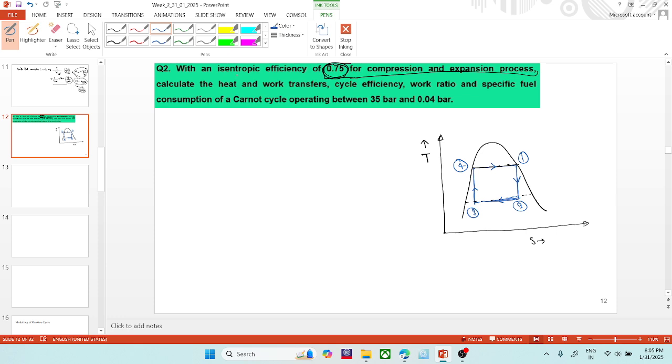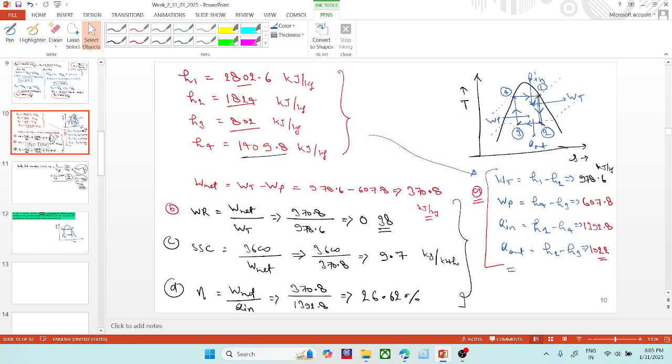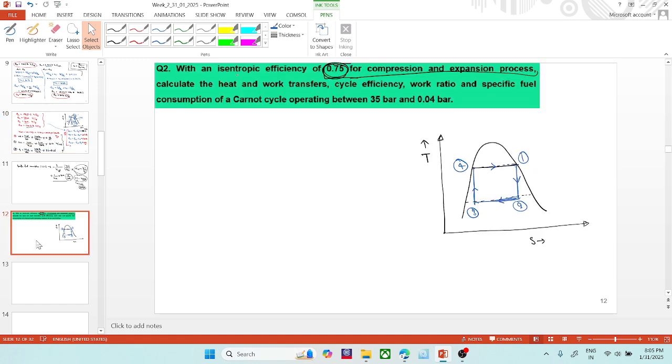Let me write the same values here. Okay, because it is tough to move again and again from this slide to that slide. Okay, I will write these values here only.